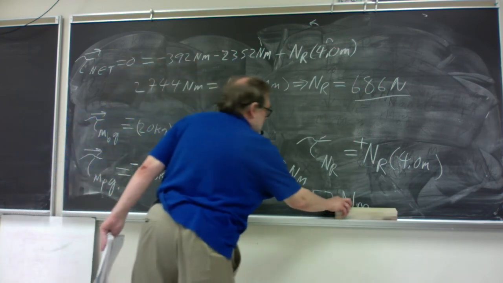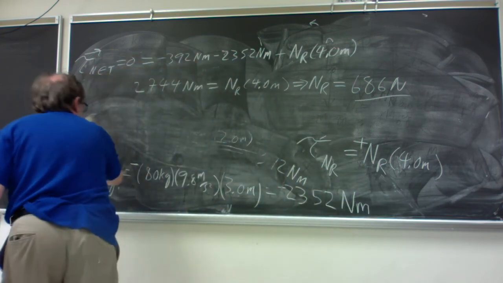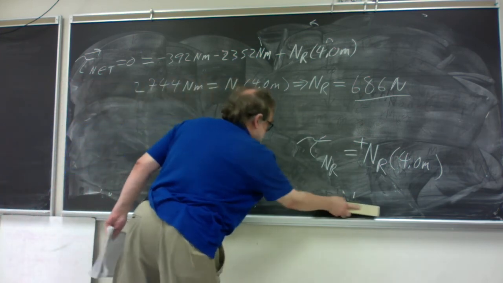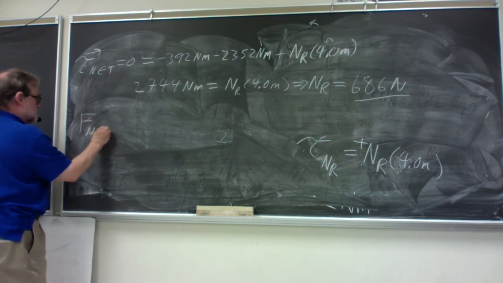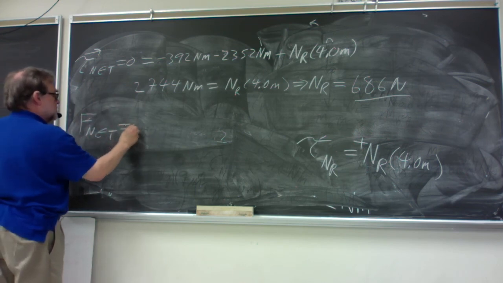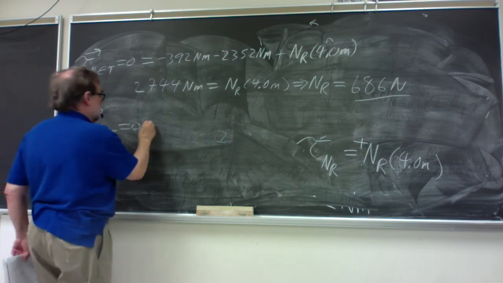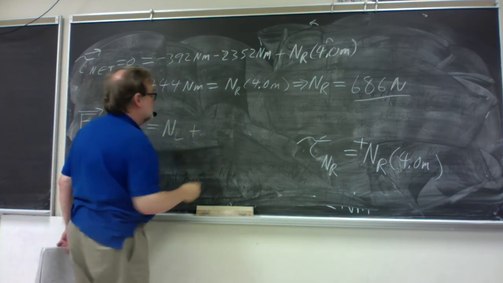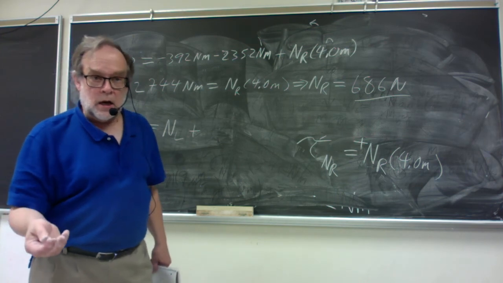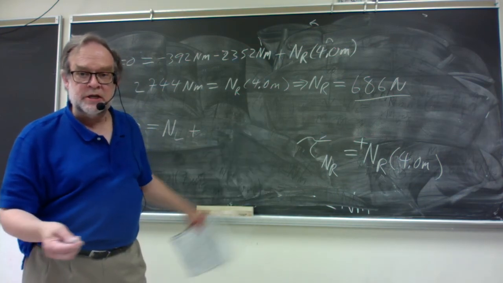So let's rewrite that and then find what NL is. Net force, which is 0, is just NL plus NR, which we just figured out, 686 newtons.